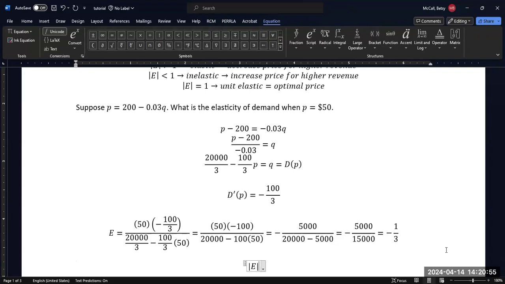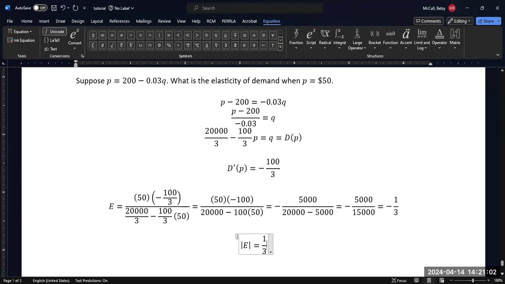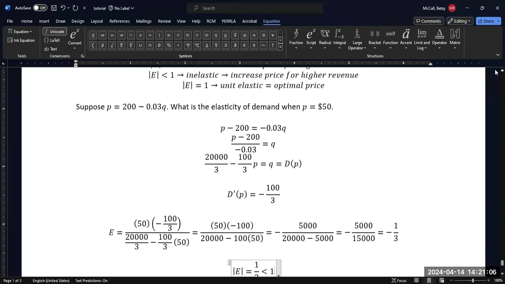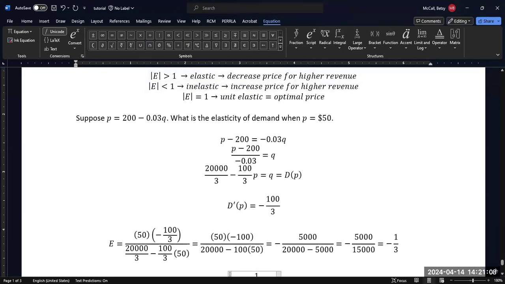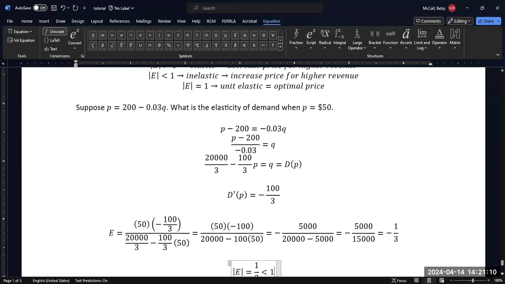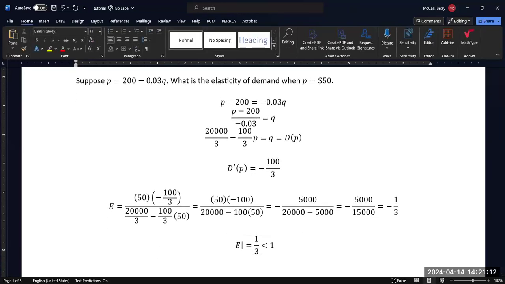Therefore, the absolute value of E is equal to 1/3, and this is less than 1. And so if we go back to our rule, if it's less than 1, this is inelastic. Therefore, to increase revenue, raise the price.